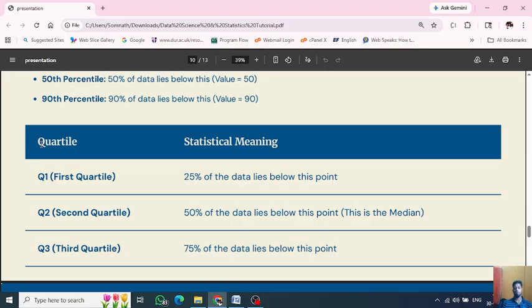Quart means 4, and tile. So we have to split the data into 4 parts.